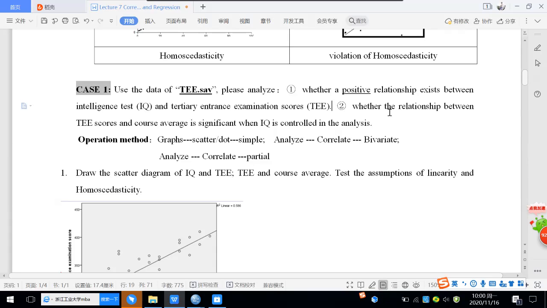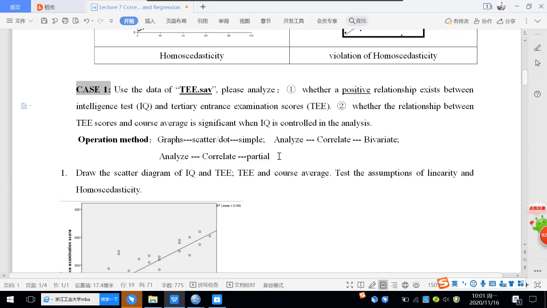The next question is whether the relationship between TEE score and the course average is significant when IQ is controlled, because we think maybe TEE and the course average have a relationship because of the impact of IQ.